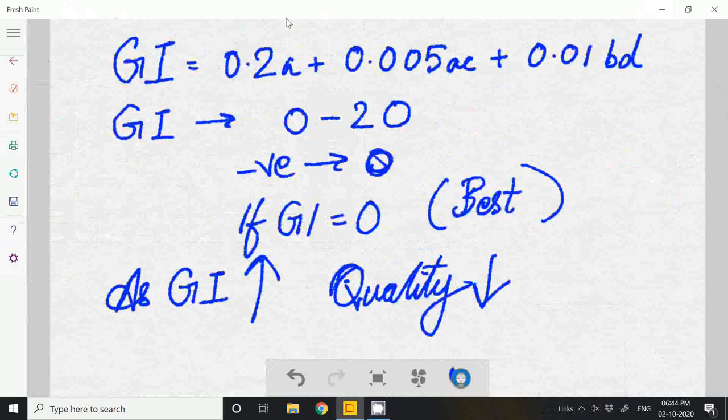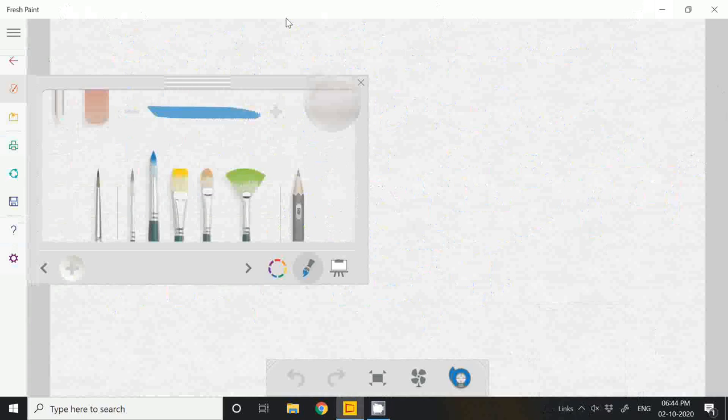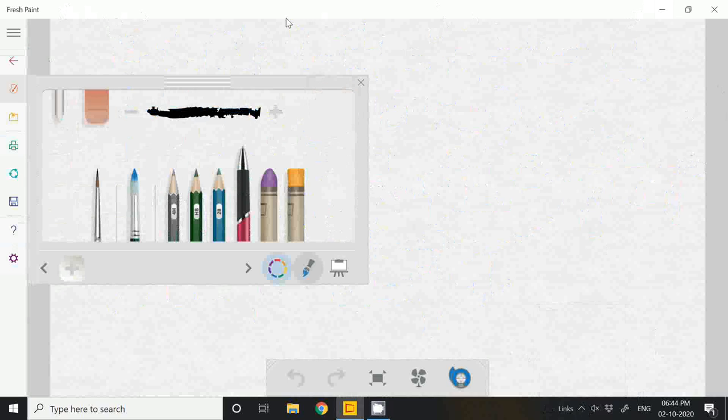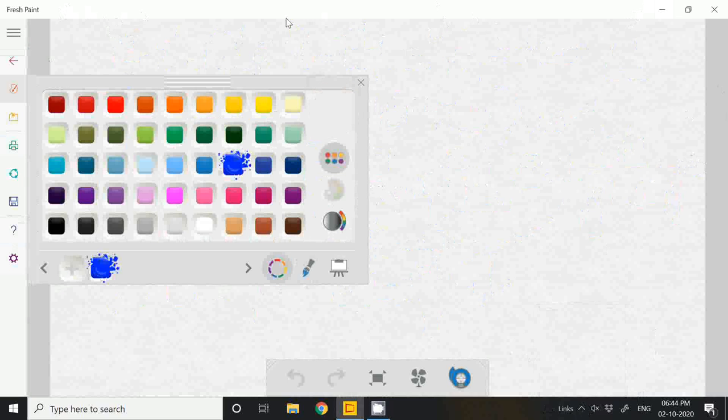Now let us see what all this A, C, B, D are. So I'll just write this formula once again: 0.2A.